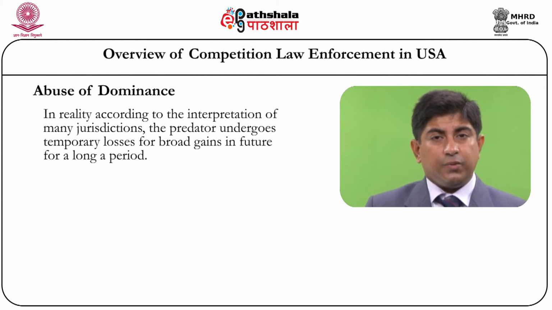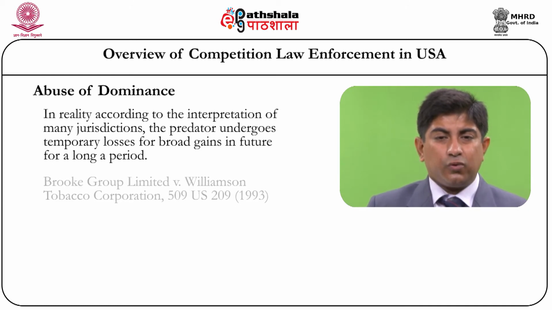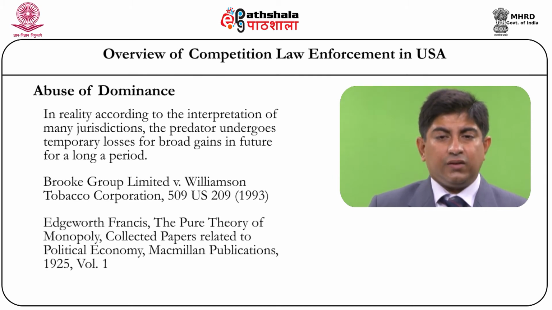In this context, it has to be understood that recoupment is also supposed to be established by the Federal Trade Commission or any antitrust agency, to prove that the predator really affected the business of the smaller players in the same market. There are plenty of decisions in the United States, like Brooke Group Limited versus Williamson Tobacco Corporation. Edgeworth Francis mentioned this in the peer theory of monopoly sometime back in the literature.